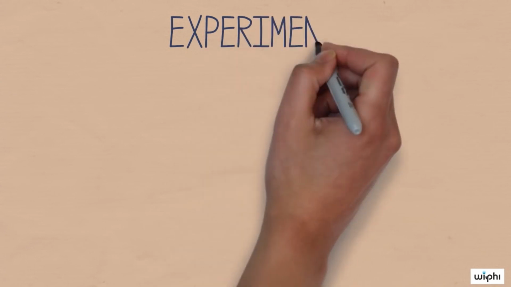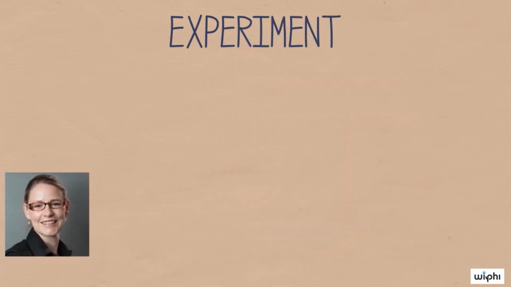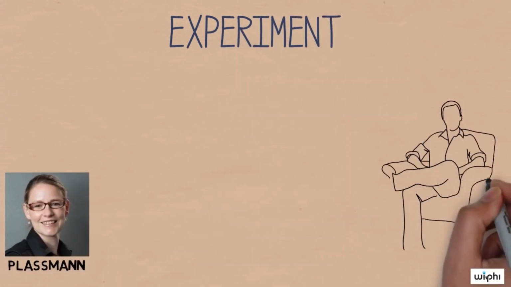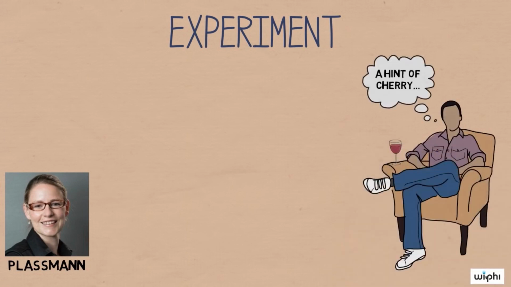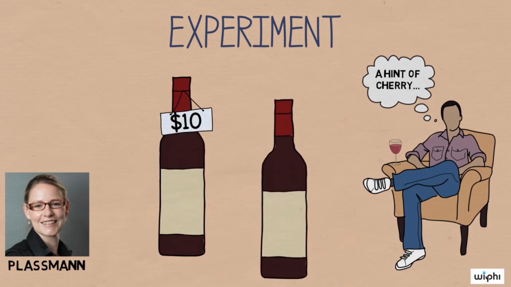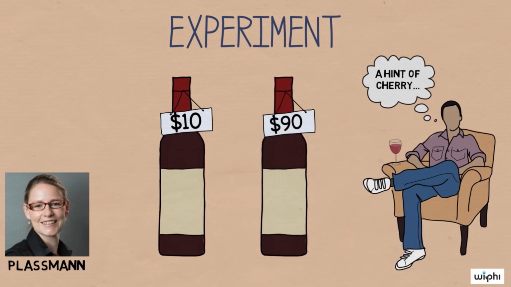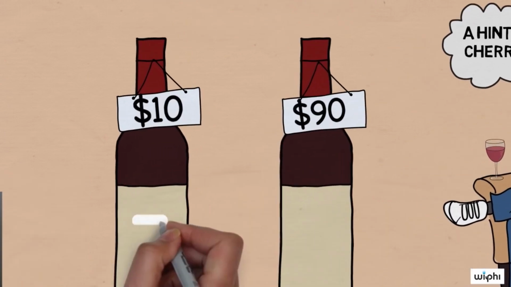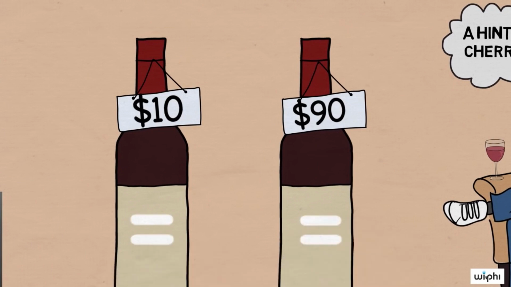One experiment that showed this bias at work was done by the neuroscientist Hilke Plassman and her colleagues. They allowed people to taste a glass of wine from 2 bottles that were labeled as either $10 or $90. What they didn't tell participants, however, was that the 2 bottles were identical. They contained exactly the same wine inside.